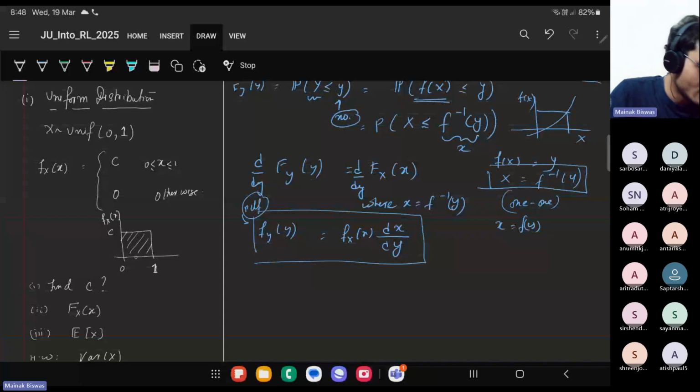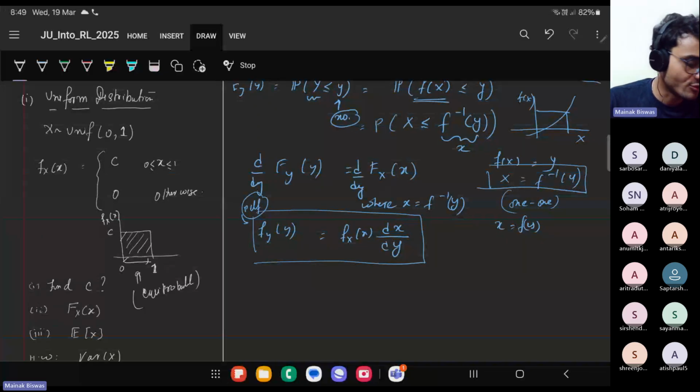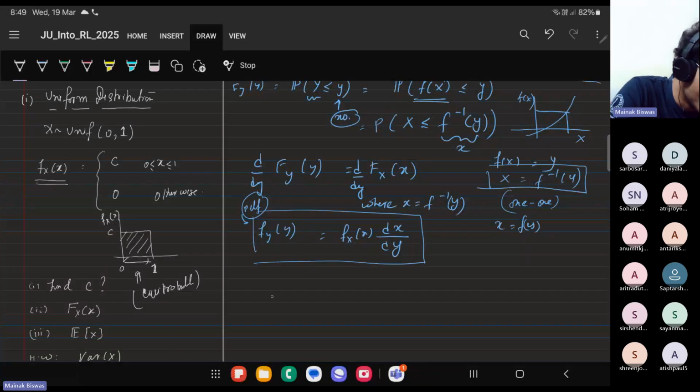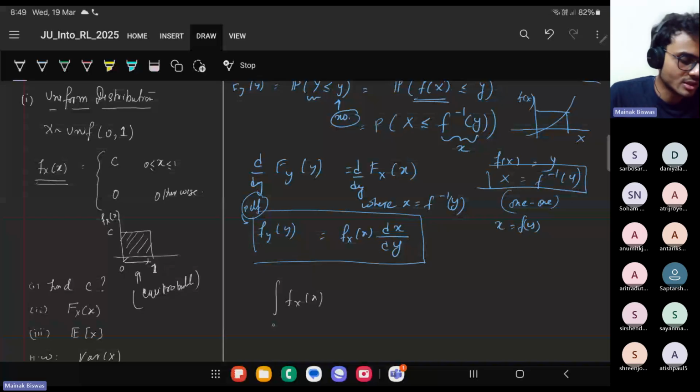So can you tell me what its PDF is going to be? First, tell me how will you find the PDF? Do you agree the integral of f_X of x from minus infinity to infinity should be equal to 1? Yes or no? You have to find the constant c.